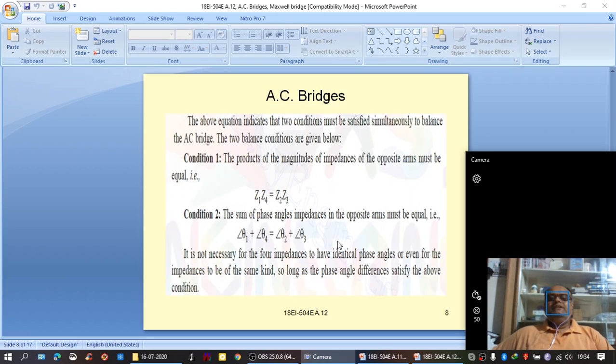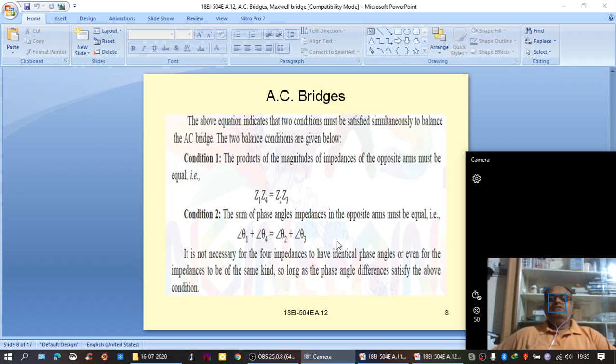So, in case of an AC bridge, the bridge balance requires two conditions to be satisfied. The first condition is that the product of the magnitudes of impedances of the opposite arms must be equal.